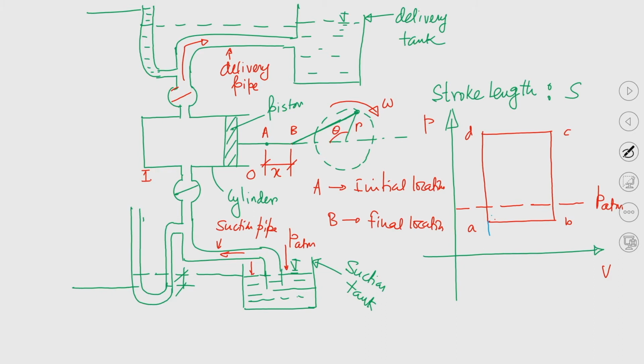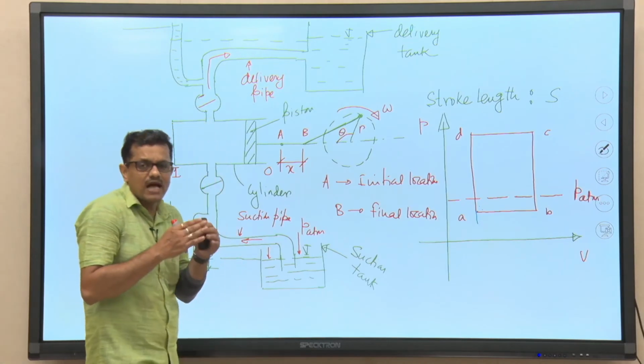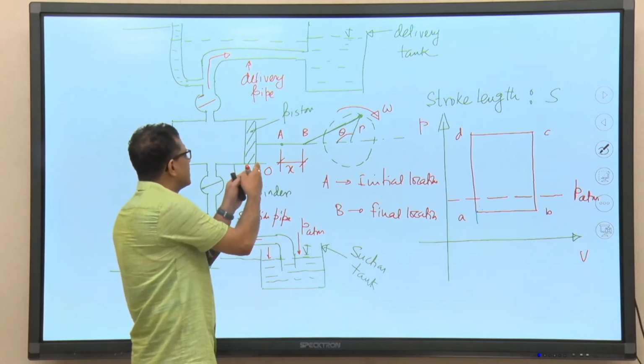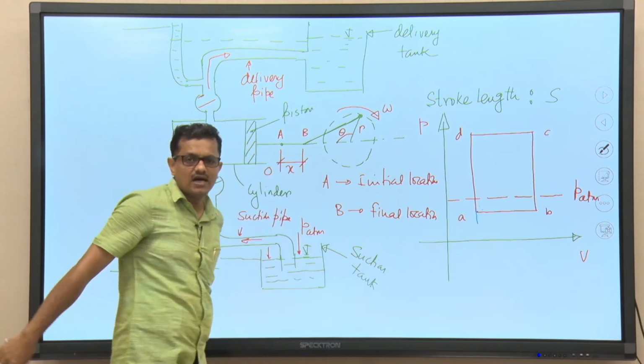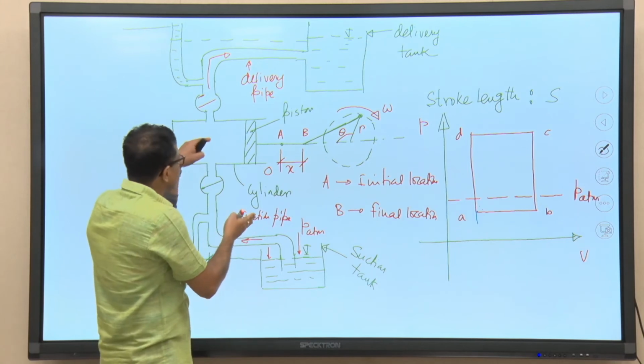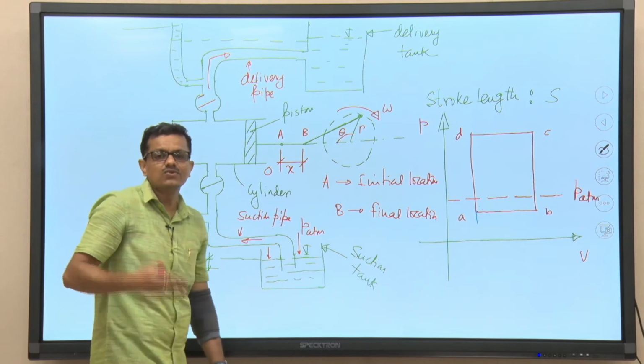Okay. And what will happen at the end of the suction stroke? When the piston is about to reach the outer end of the cylinder, the liquid inside the cylinder as well as in the pipeline will be decelerated, and you should have a physical sense of this. When the piston is reaching the outer end, the piston movement is almost going to be 0, then the pressure difference between the suction tank and inside the cylinder will be reduced, and that is due to deceleration.